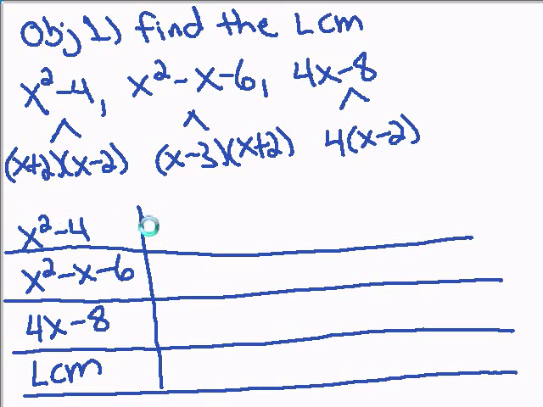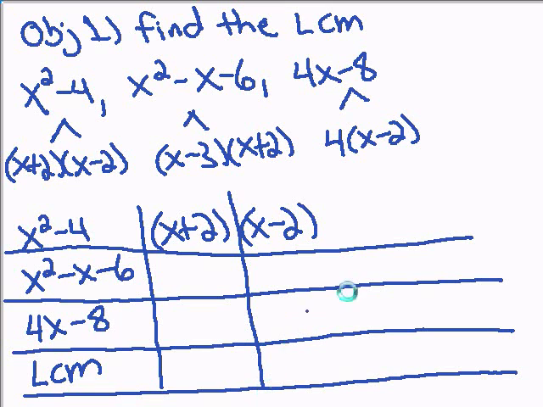The factors of x squared minus 4 were x plus 2, x minus 2. I'm going to go ahead and draw vertical lines to separate my factors. It's going to help me keep track of which factors are which in a second.